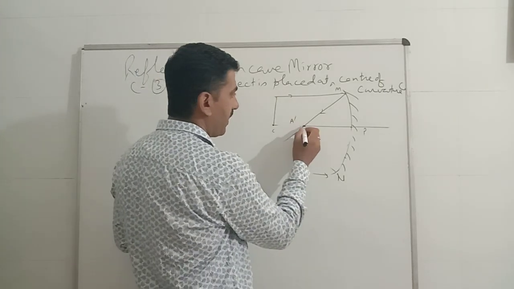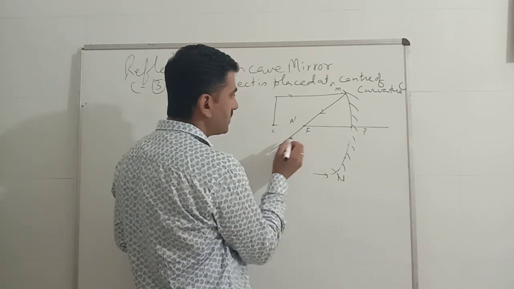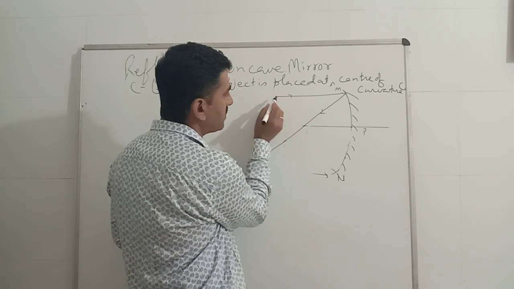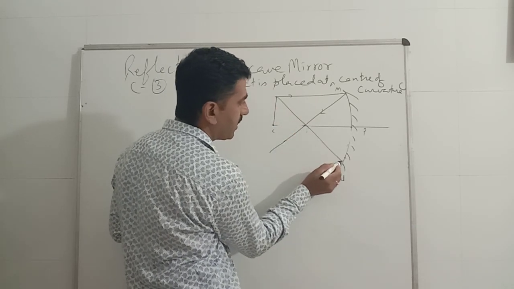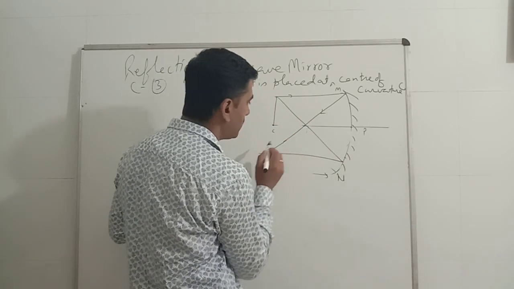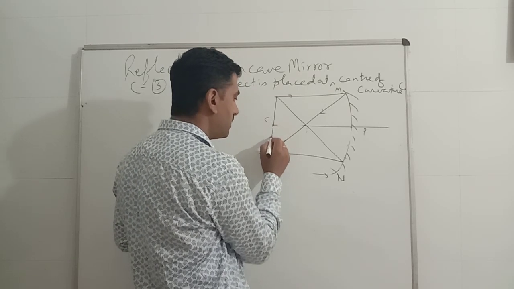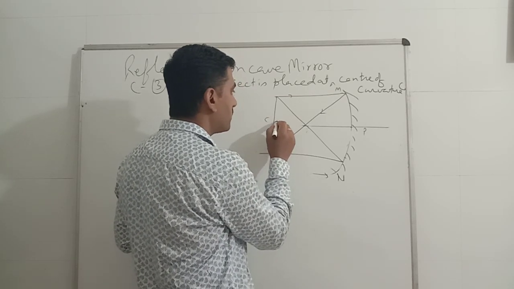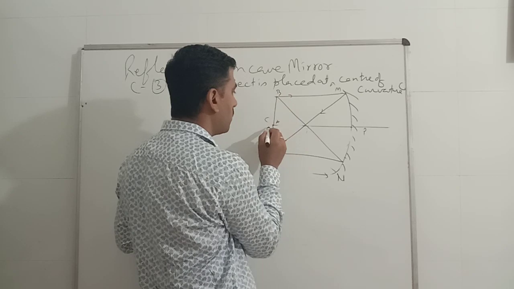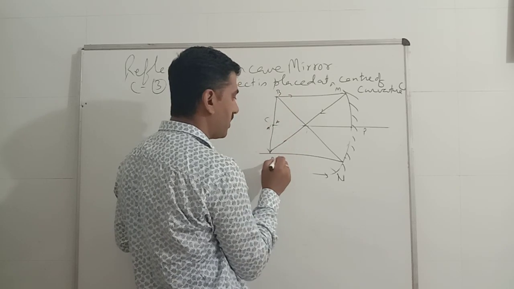A ray of light will always pass from the focus. A second ray of light you can pass from the focus, and you will see that they will meet at C only. And if this is your AB, this will be your A dash, B dash.